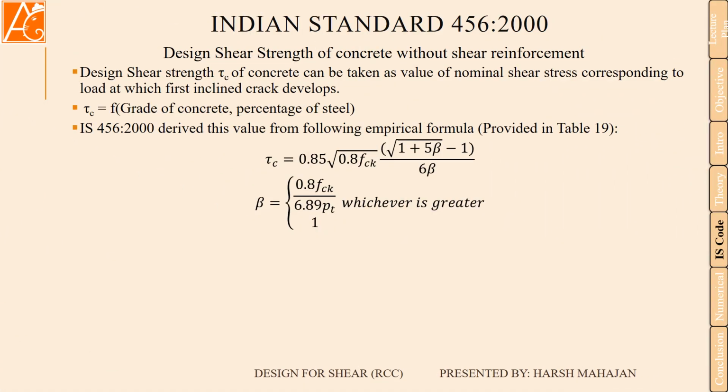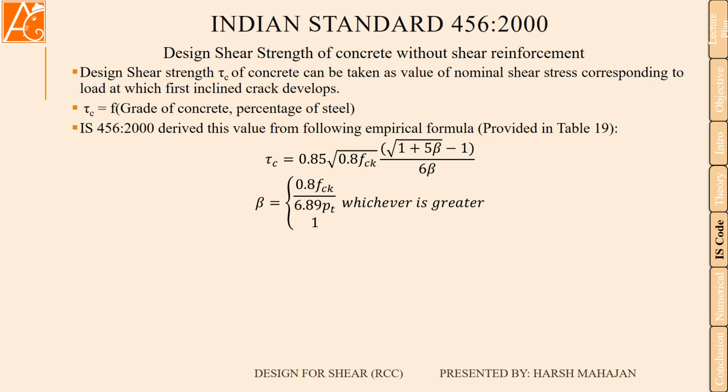Now, design shear strength of the concrete without shear reinforcement. First of all, we are just studying the shear strength of the concrete. We are not talking about the shear reinforcement. So here the term tau c will come. Tau c of the concrete is the nominal shear stress corresponding to the load at which the first inclined crack will develop.